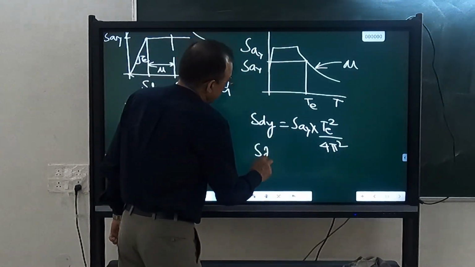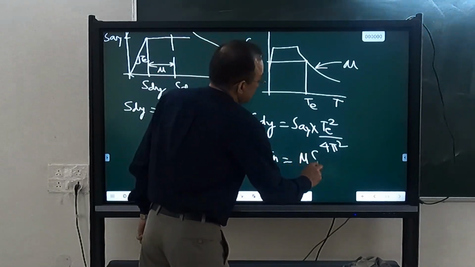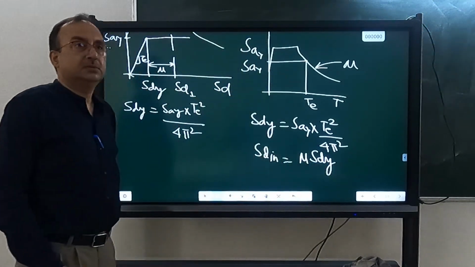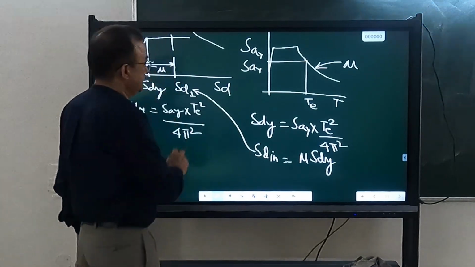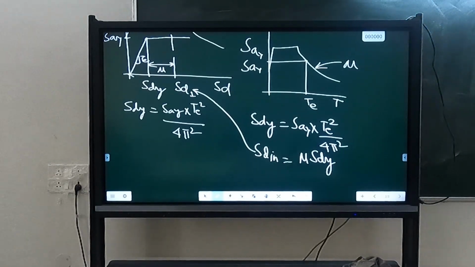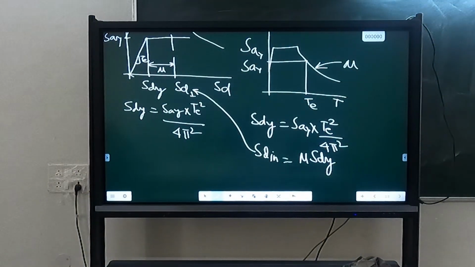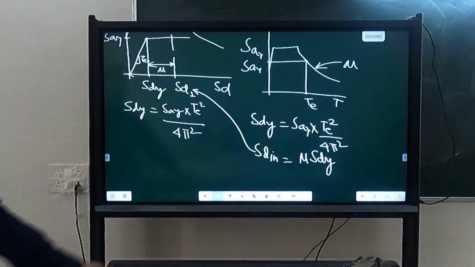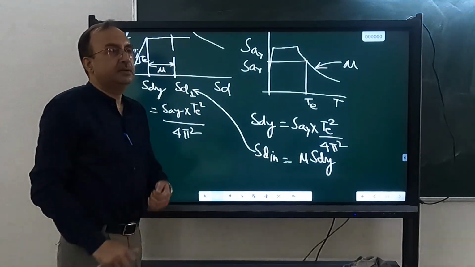Then you can calculate SD inelastic, that is equal to mu into SDY. This you will check till it converges. We will assume some value and back calculate. Here you are calculating demand, here this is capacity. Demand and capacity both have to satisfy this value of SD.